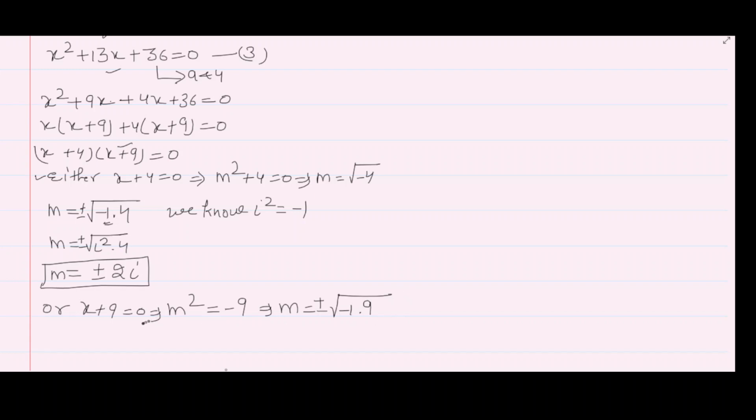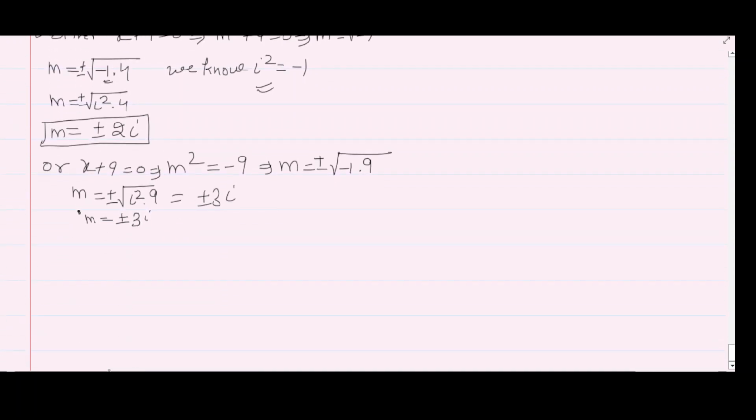As we know, the value of i square equal to minus 1, so we will replace this minus 1 by i square. The value of m will be under root plus minus i square into 9, and it can be written as plus minus 3i. So here the value of m will be plus minus 3i. Okay, so this is our m. So there are two values of m. First is plus minus 2i and second is plus minus 3i.